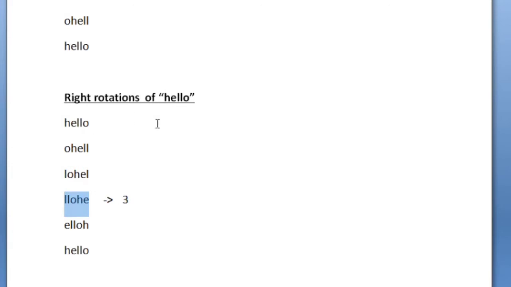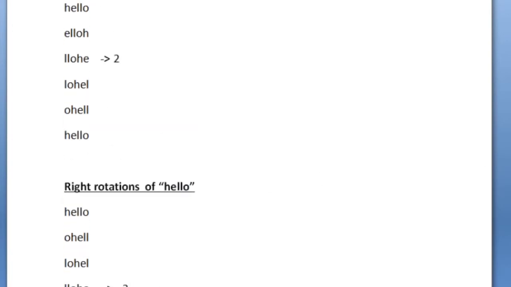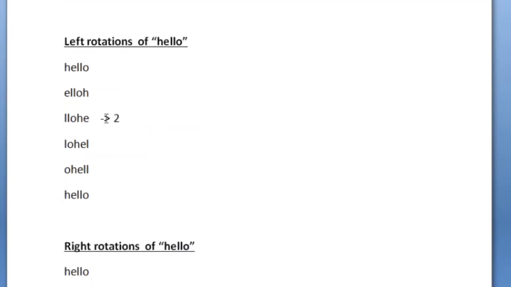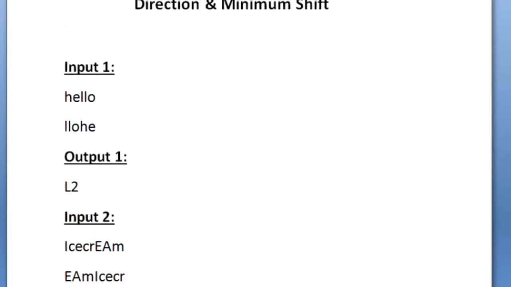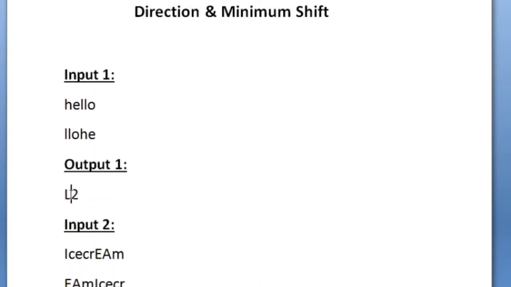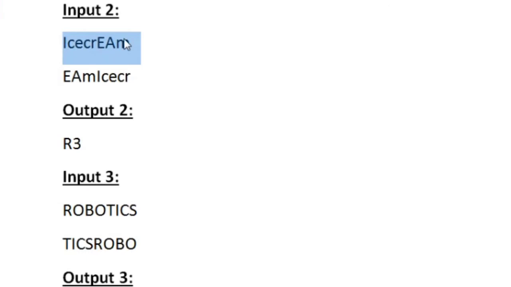But when we perform left rotation for the string hello, we reach LLOHE at the second rotation itself. So this is minimum. That is why in our output we print L2. The L denotes left rotation and the number of rotations is 2. So L2 is our output.